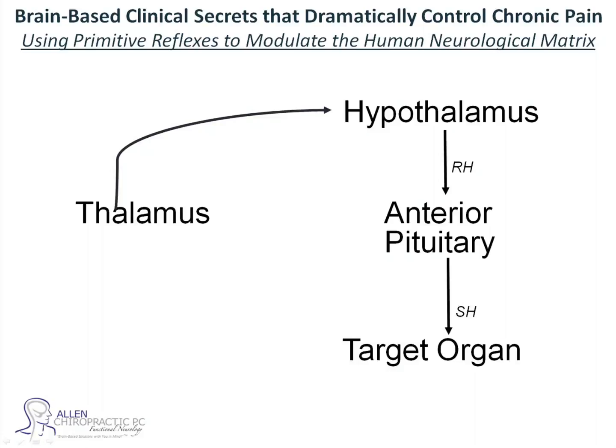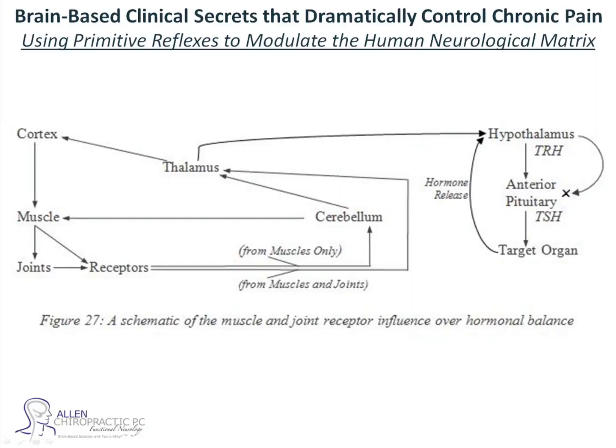Once those organs or glands get the signal, they produce their hormones, and that goes back up to the hypothalamus, which then modulates the anterior pituitary, and we get a hormone balance. Off to the right side, receptors can stimulate hormones, but that's not done very quickly.